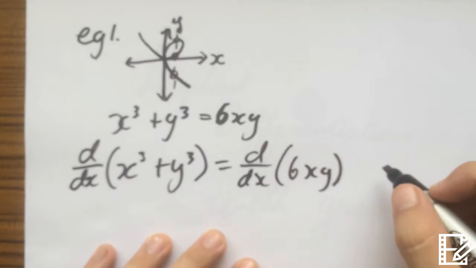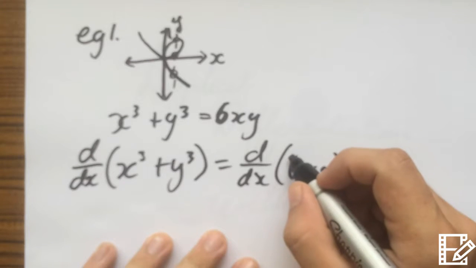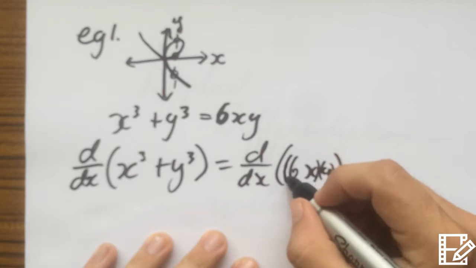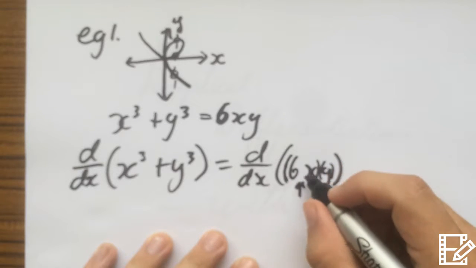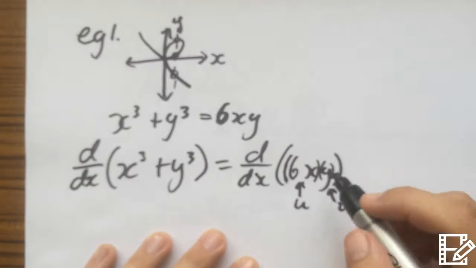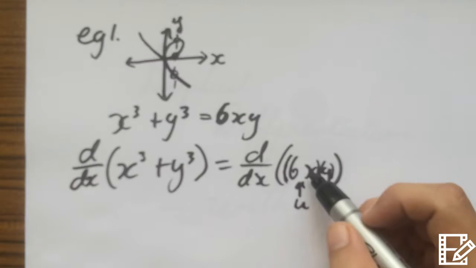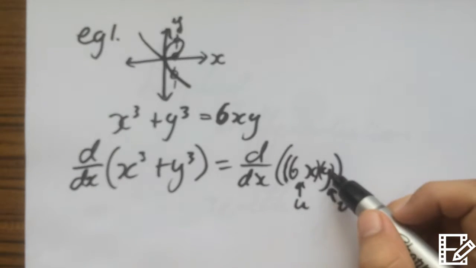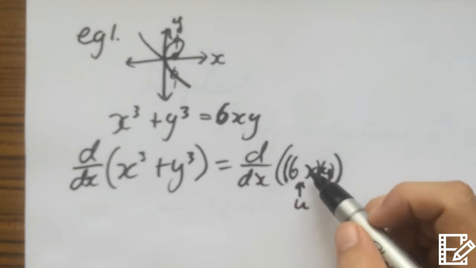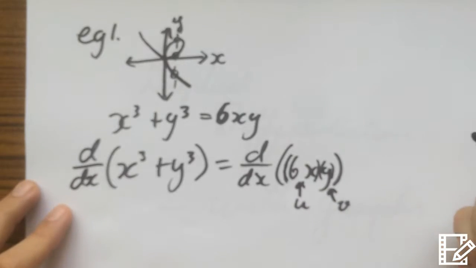And because we've got a 6 kicking around, I'm going to connect the 6 and the x together and multiply that onto the y. So we'll call the 6x u, and we'll call the y v. If you wanted to, you could call it u as x and v as 6y. It doesn't matter, but in this case, I'm doing u as 6x and v as y.